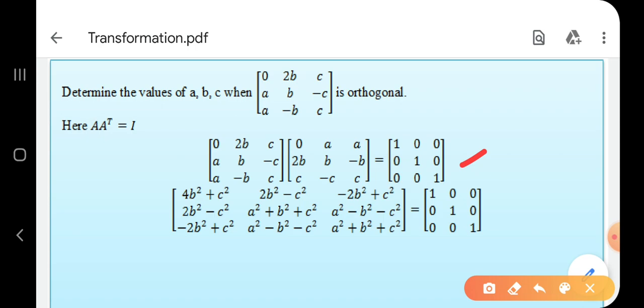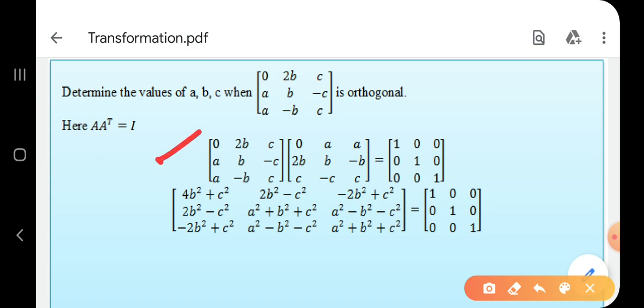Now do the product. 0 into 0, then 2b into 2b it is 4b square, c into c it is c square. Getting the first one? Next, first row, second column, 0, 2b square minus c square. Correct? And in that way, you just do the product, whole products are there, do by your own.